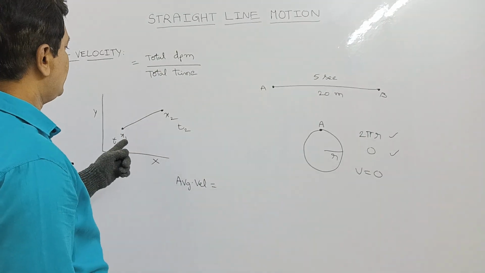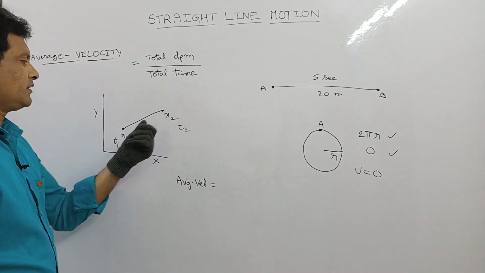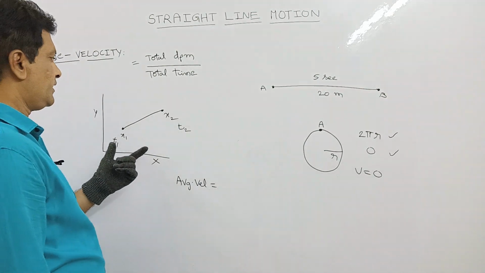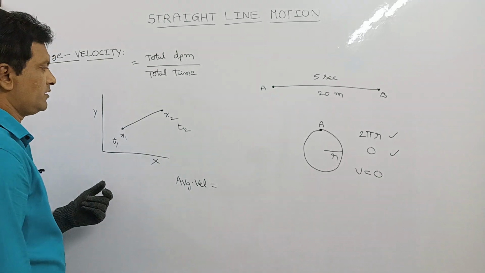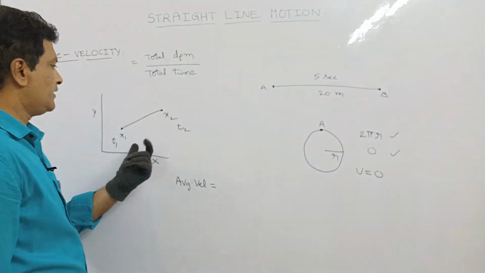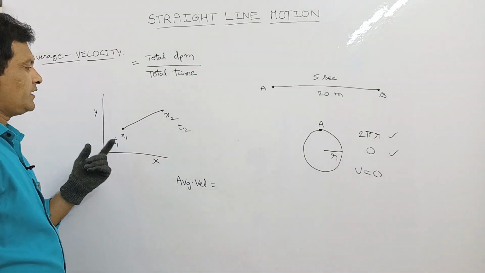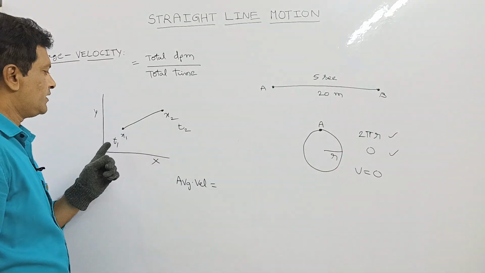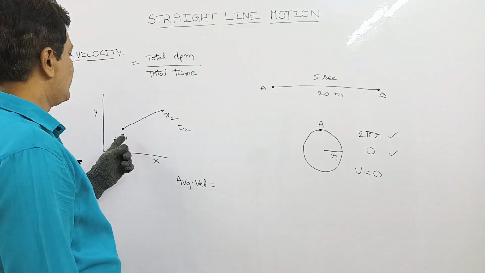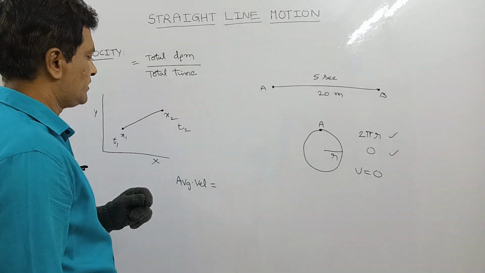This is not actually displacement here, this is the position coordinate. If an object is moving in a rectangular coordinate system and x1, x2 are the position coordinates at t1 and t2, as time changes from t1 to t2, the object has moved from coordinate x1 to x2.